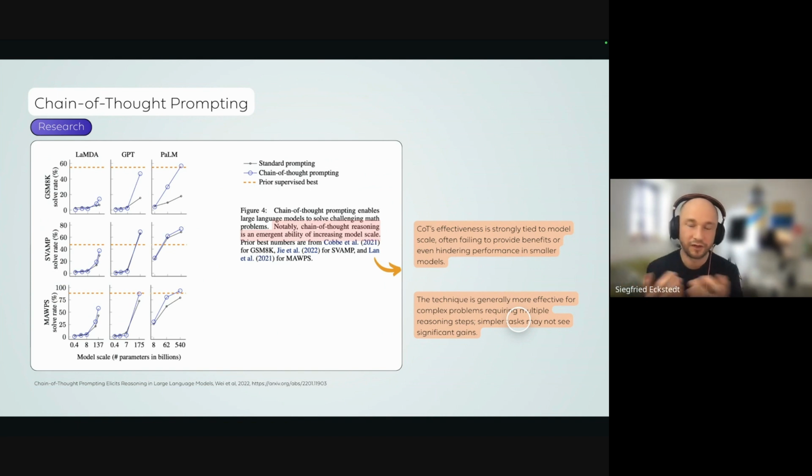You cannot afford to run a very big model. So the smaller models are usually not as intelligent as the big ones.